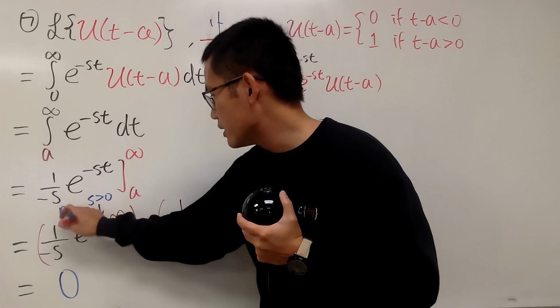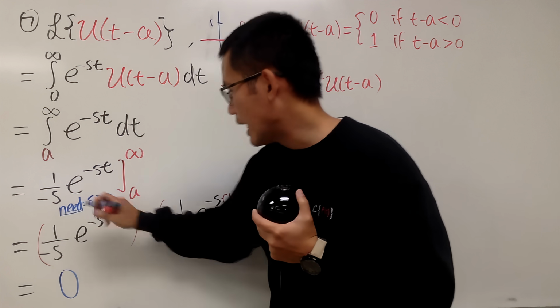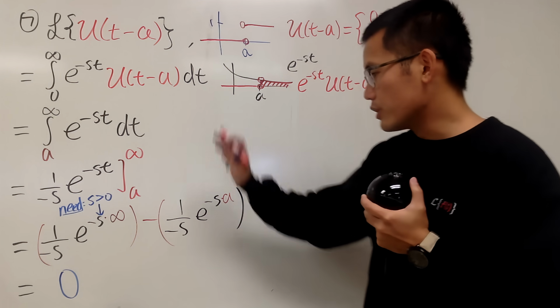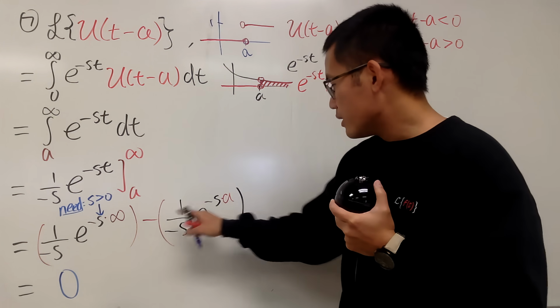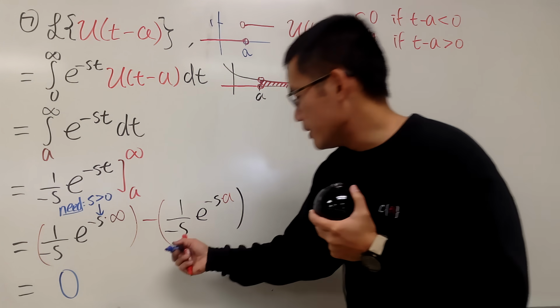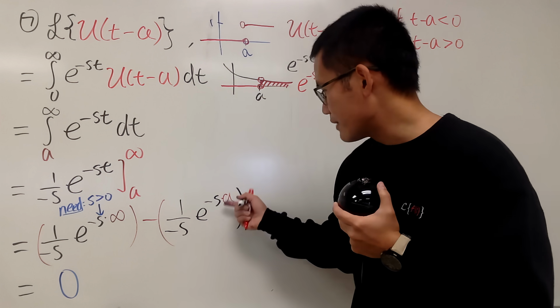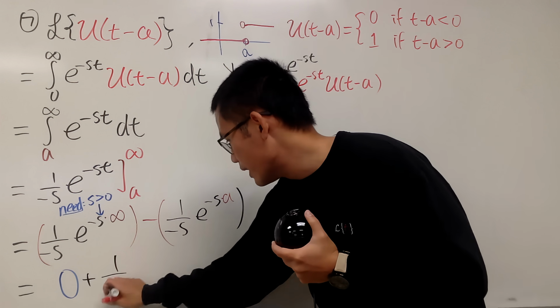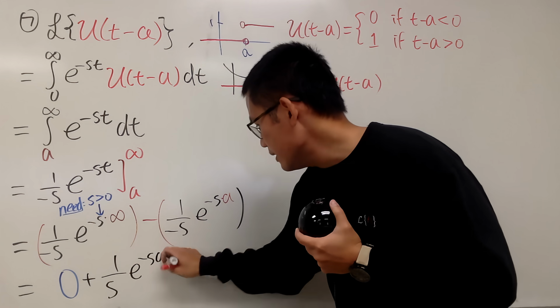We need to have that condition in order to make this work. Working out the rest, negative becomes positive, and in the end we have 1 over s, e to the negative sa.